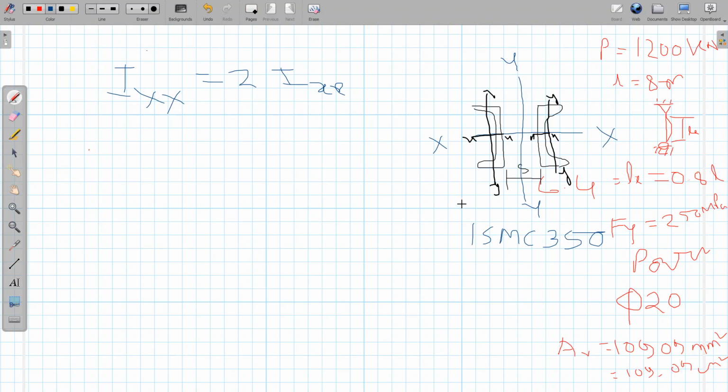Now in the other direction it is not the same, because local yy is passing in this direction but global yy is something different. So what will that be?